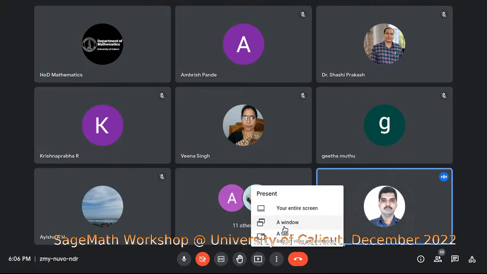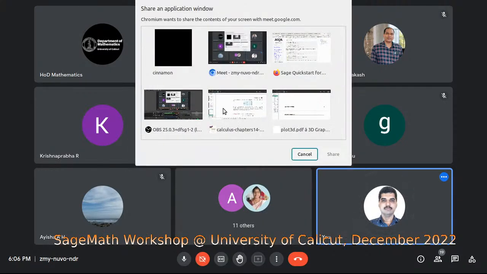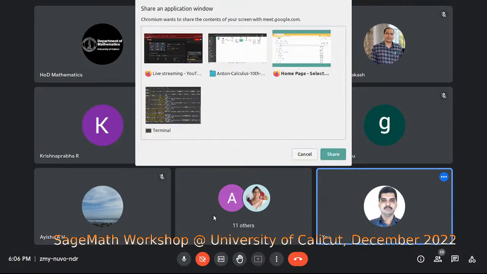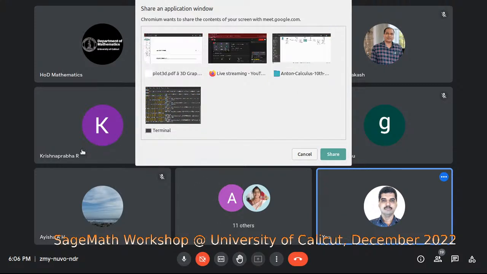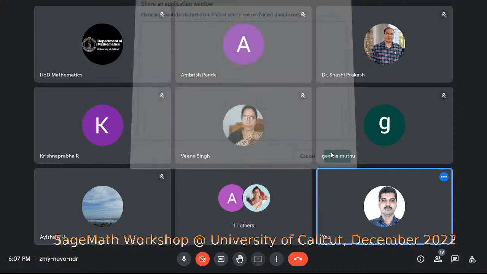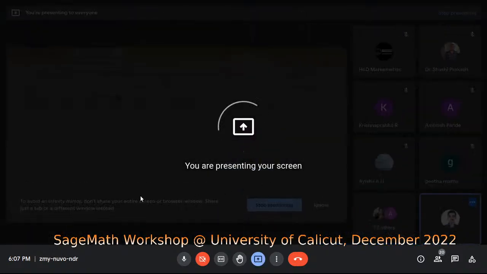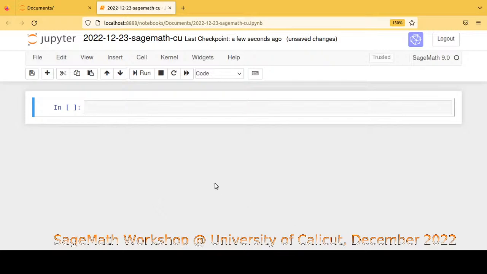Let me share the Sage window. So we begin with plotting in three dimensions.